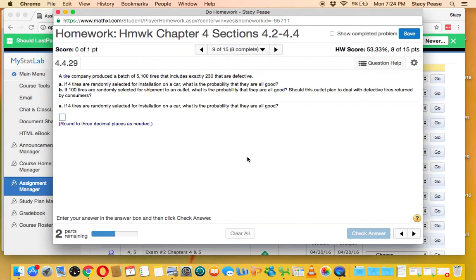Okay, so for this problem, there is a little bit of math that needs to be done. So first things first, let's calculate our defect probability. We're given that 230 out of 5,100 tires are defective. So if I take that 230 and divide it by the 5,100, what do I get? 0.045.